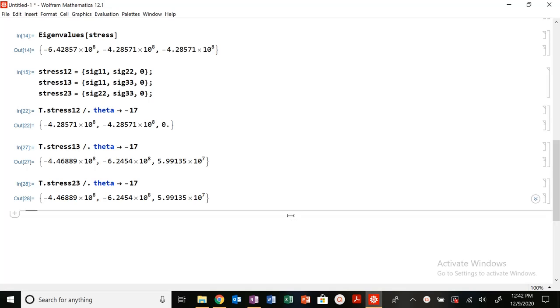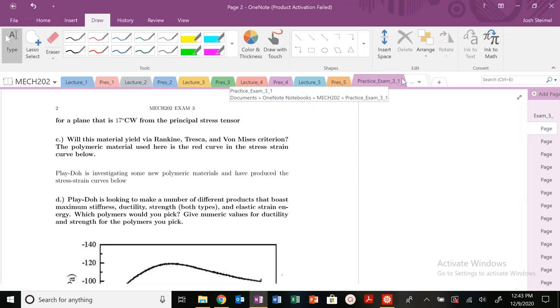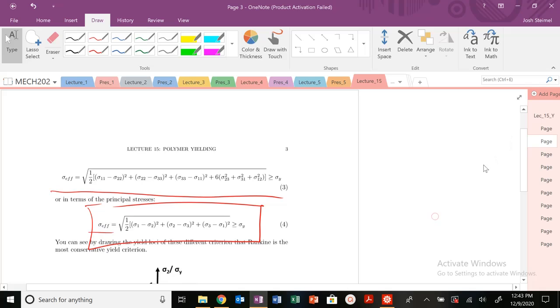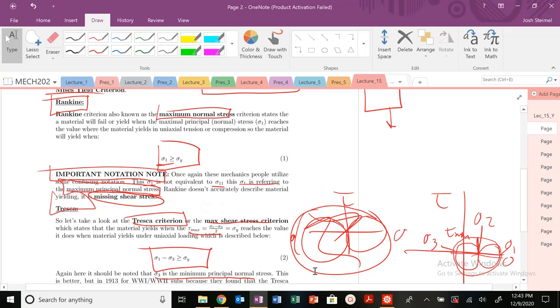And you can see some of these values and the different stress states that we're observing here. So stress 1, 3, 2, 3. All right. So will this material yield being the Rankine, Tresca, and von Mises criterion? So let's go look back through our lecture notes. So our Rankine is sigma 1 greater than sigma y.